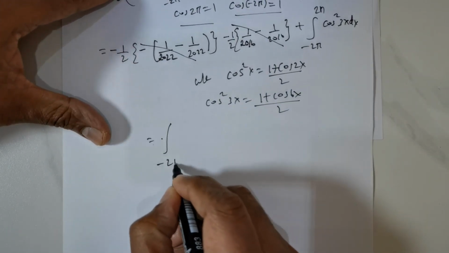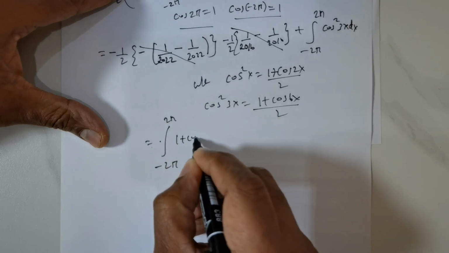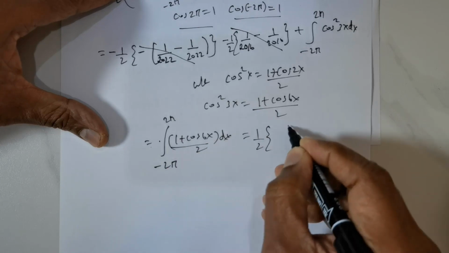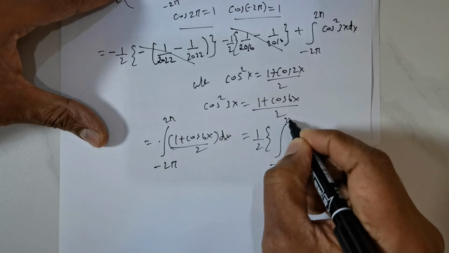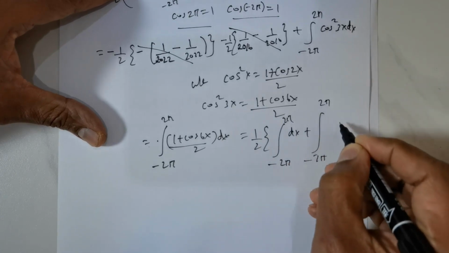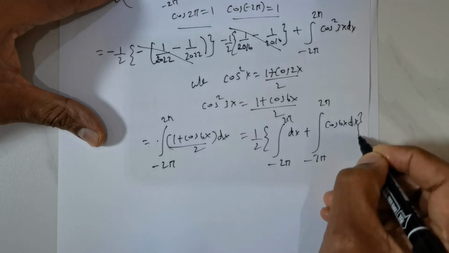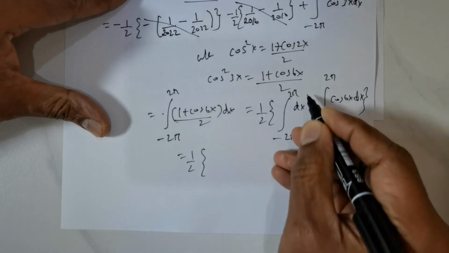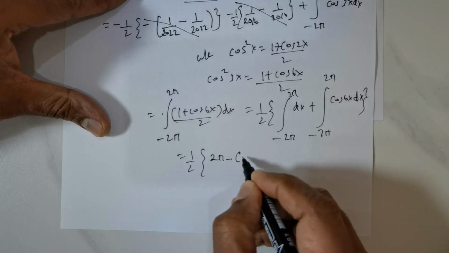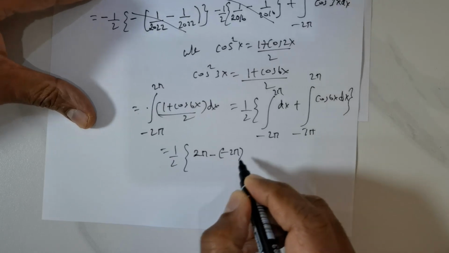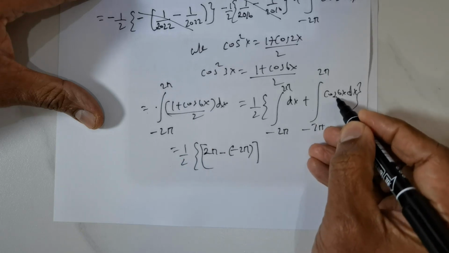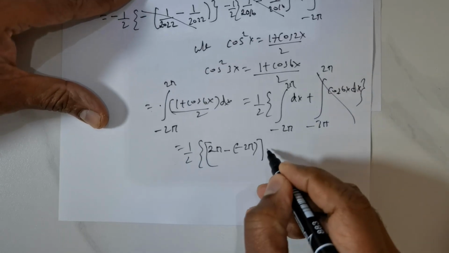So this is going to be negative 2 pi to 2 pi, 1 positive cos 6x divided by 2 times dx. I take 1 over 2 out, so this is negative 2 pi to 2 pi dx followed by negative 2 pi to 2 pi cos 6x times dx. So this is 1 over 2 times, I substitute this, I'm going to get x here, so it's 2 pi minus negative 2 pi, okay, for the first part, followed by cos will produce me sine, so this will be off, so this alone remains.